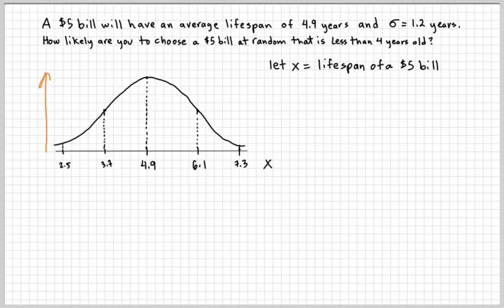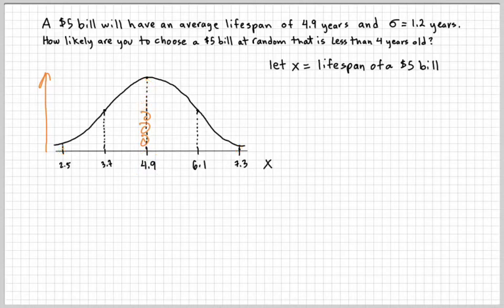So the higher it is, the more likely you'll find that value. 4.9 is the average, and that's where most of the bills are. You won't find too many bills at 2.5 years, nor will you find too many bills at 7.3 years.